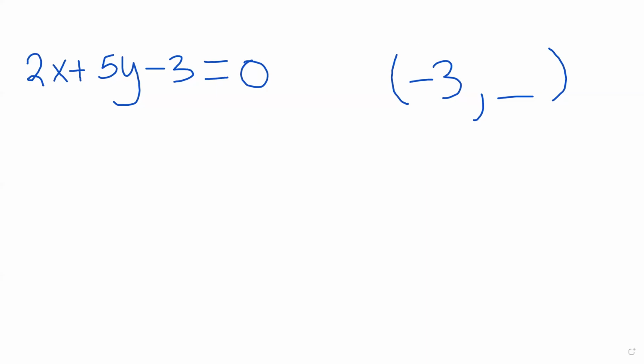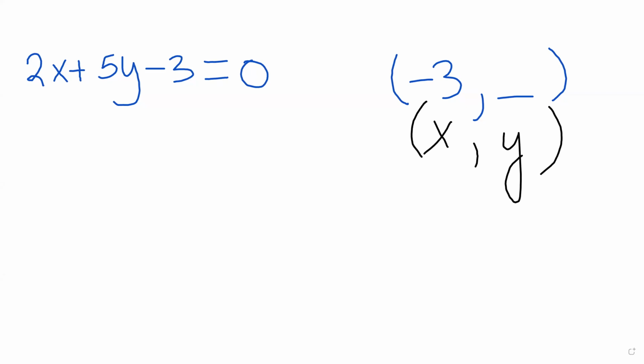So we have the equation 2x plus 5y minus 3 equals 0. Find the missing number of the ordered pair -3, and we don't know what y is, so that it is a solution. Basically, it's substituting. Remember, the first coordinate is always x, and the second coordinate is always y.